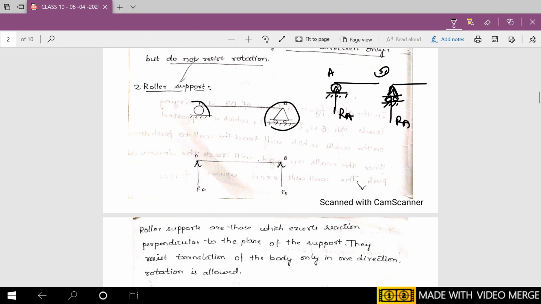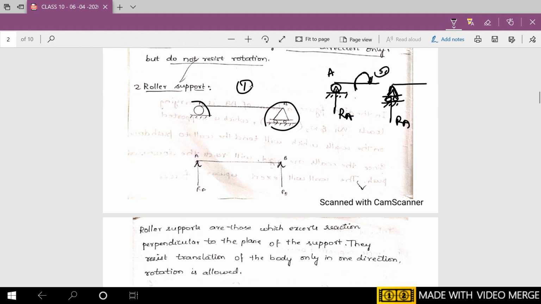But if you have an eraser and a scale placed here, and I apply a force in this way or in this way, it will move on both sides. So translation along the x direction is possible, and if I apply a twisting moment in this way, the scale will rotate. So both translation along the x direction and rotation are possible, but there is no translation along the y direction.